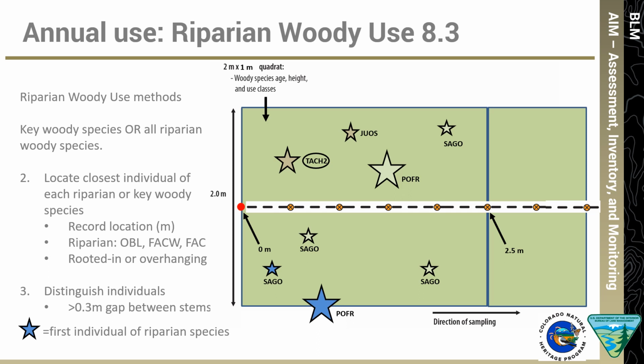There's 1 dead Tamarix chinensis, or TACH2. We don't estimate use on dead plants, so that one is not recorded. And there's one Utah juniper, JUOS, which is an upland plant, so we don't estimate use on it either. Those 2 are colored brown.